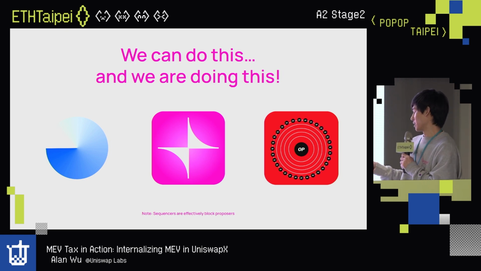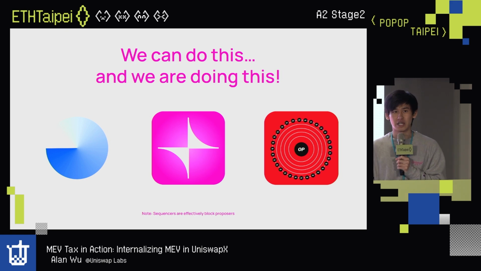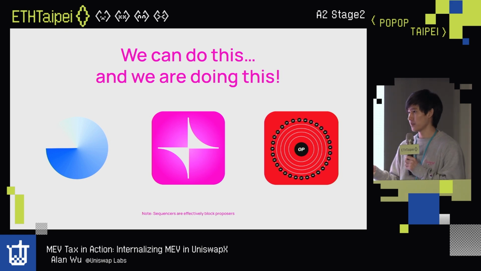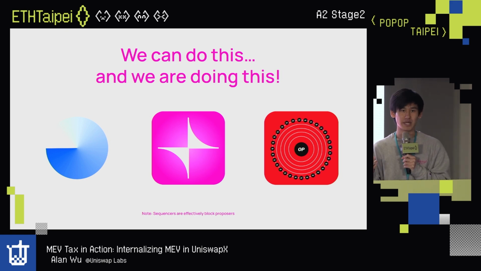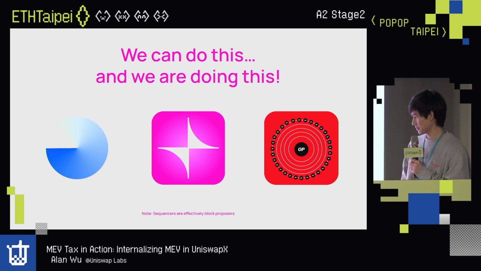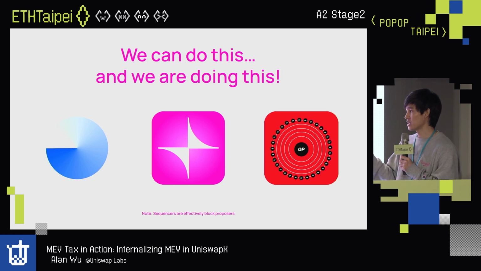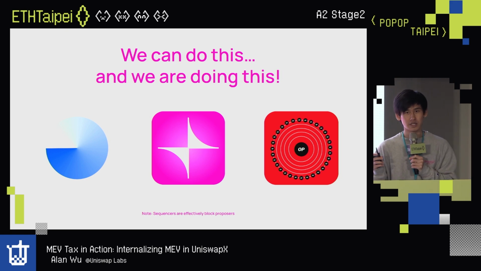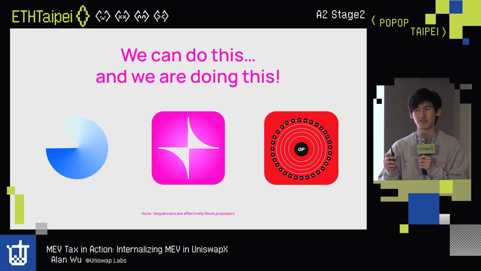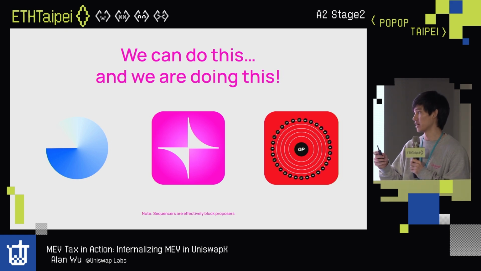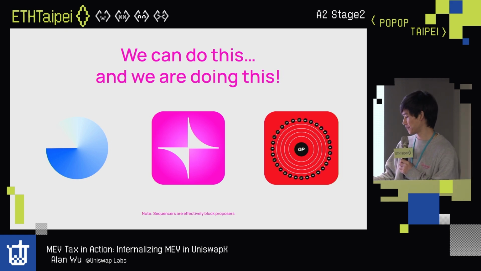And we are also able to do this on any OP stack chain, because on these chains, the default sequencing is based on priority fee. One thing to note is that on these types of chains, the sequencer is the one that does block building and sequencing. And so they're effectively the block proposers that receive priority fees. So I'll refer to them as just sequencers now.